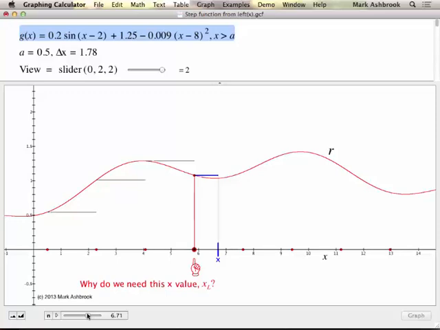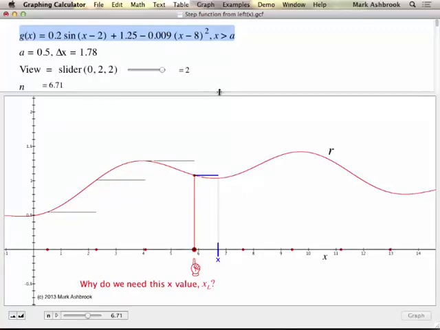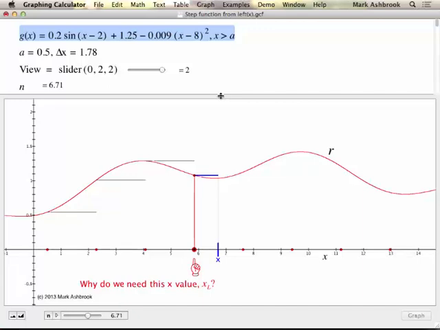So right now, what's the pretend rate at the current value of x? The current value of x, I think it's in the next line here. There's the current value of x, 6.71.